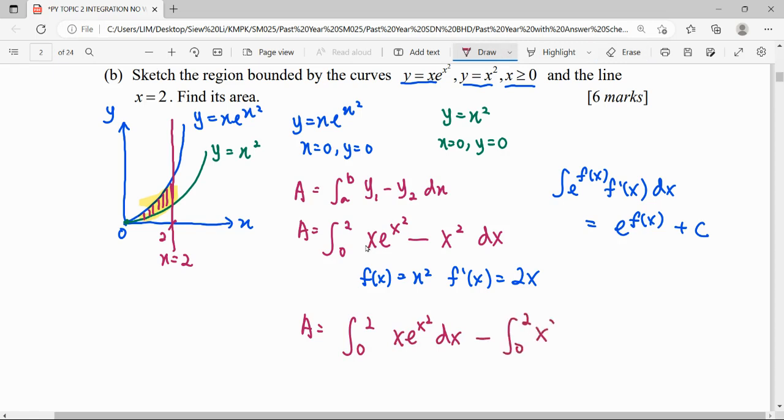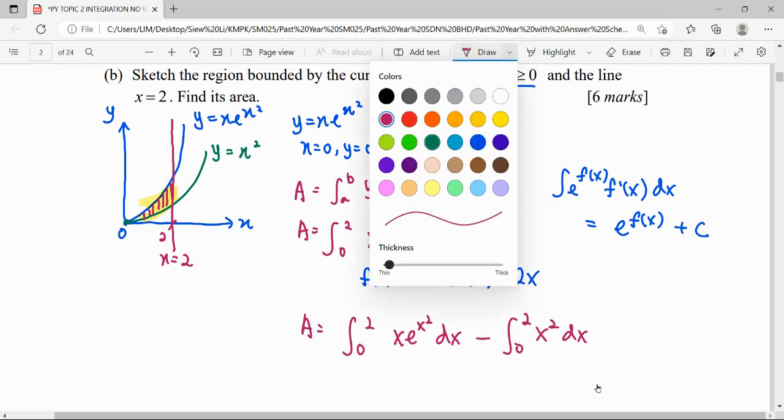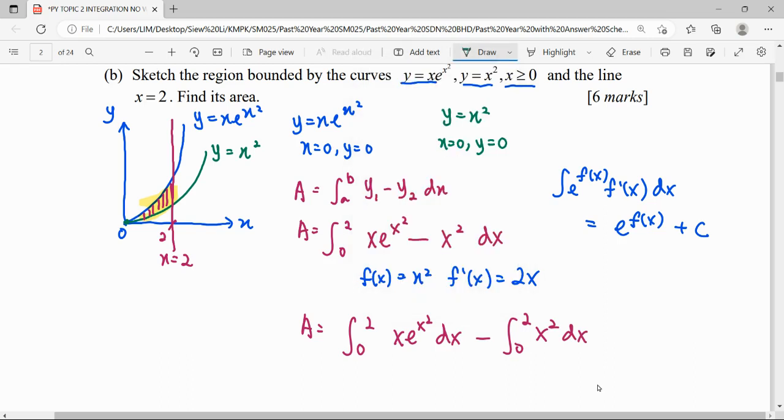So I separate this integration. We can integrate the functions one by one. Now I'm going to modify so that I can get the differential function here, which is 2x. When we multiply by 2, the expression has to be divided back by 2 so that the question doesn't change.